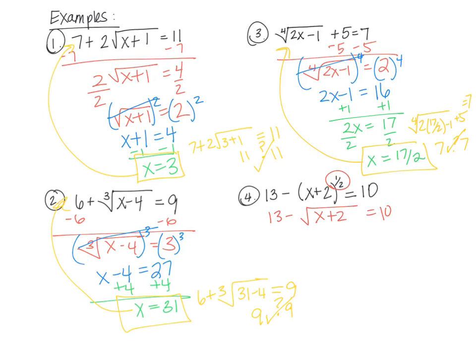Okay, so now that I can remember that it's a radical because it looks correct now, I'm going to isolate that radical. So I'm going to move that 13 over. Then I'm going to divide by that -1.